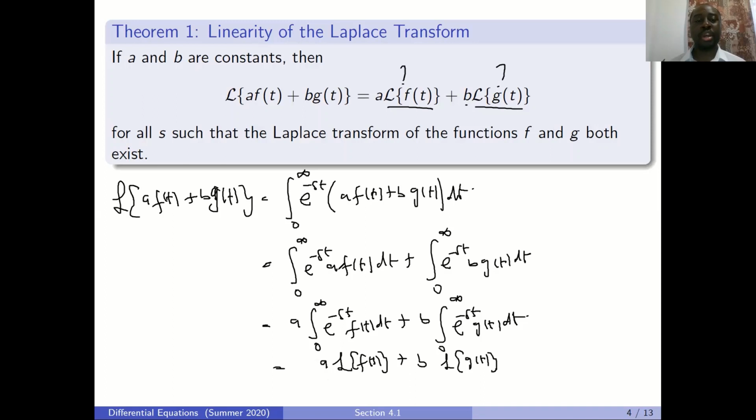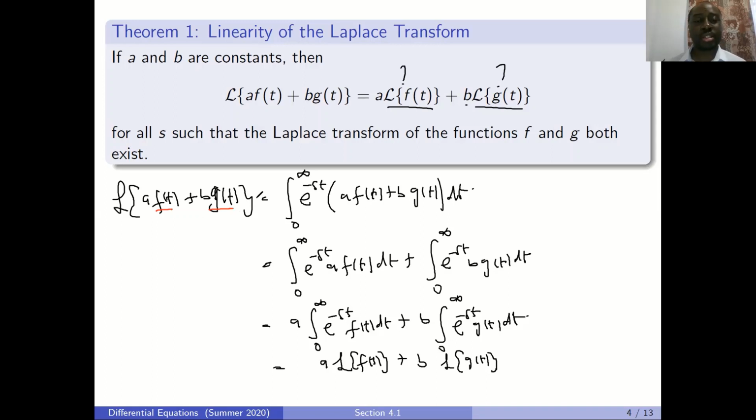So if we can identify the Laplace transform of some basic functions, then this is basically saying that if you take any combination of functions, you can just apply the Laplace transform to each of those functions individually, and the sum would be the transform of the original combination. Okay, so this is a very important property going down the line.